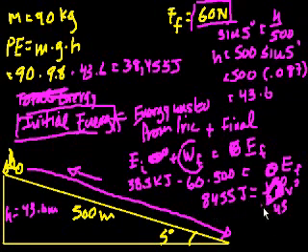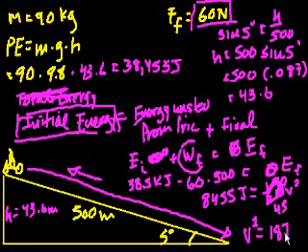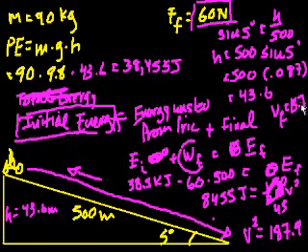So 8,455 divided by 45, we get v squared is equal to 187.9. And let's take the square root of both sides, and we get the final velocity.